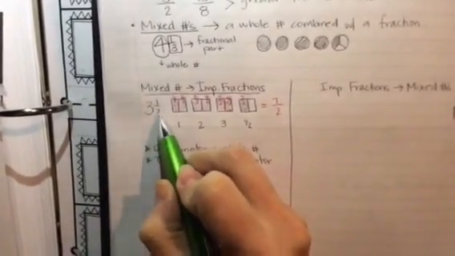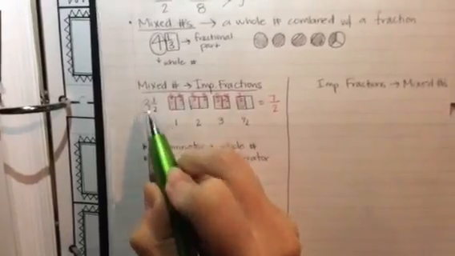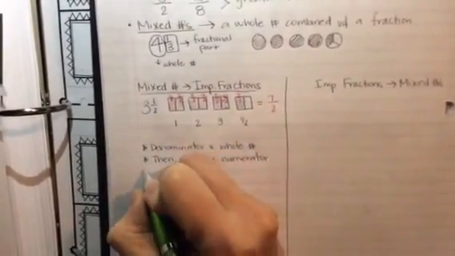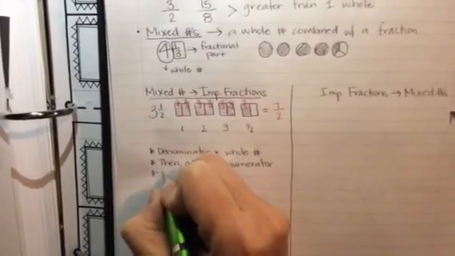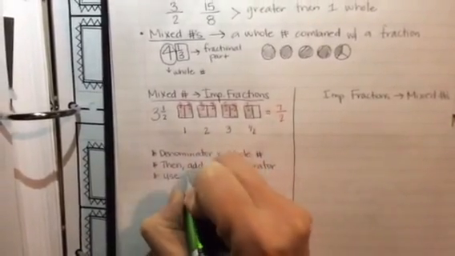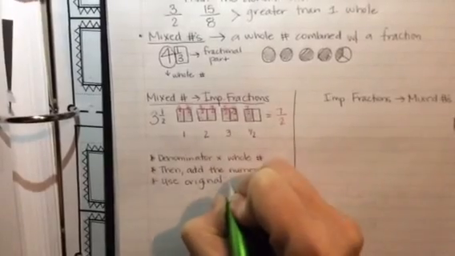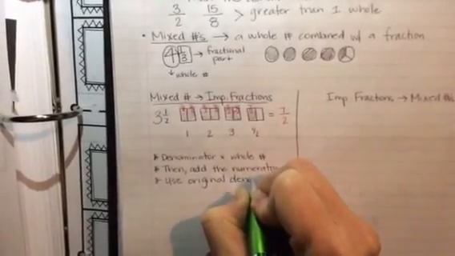So earlier we did 2 times 3, which is 6, plus one more piece, so that gives me 7. And then we're going to use the original denominator.